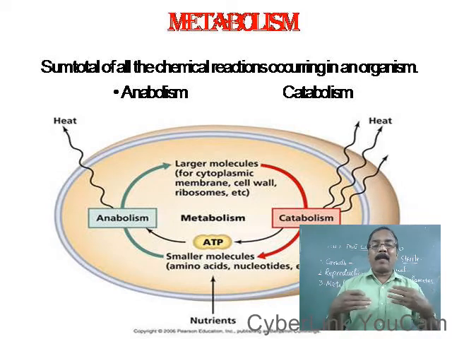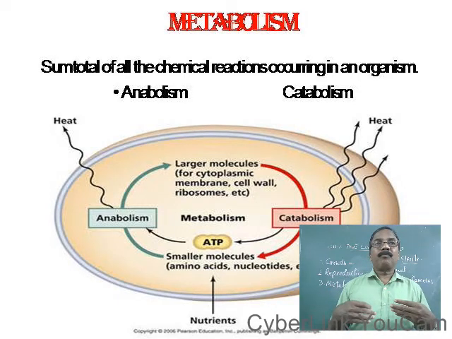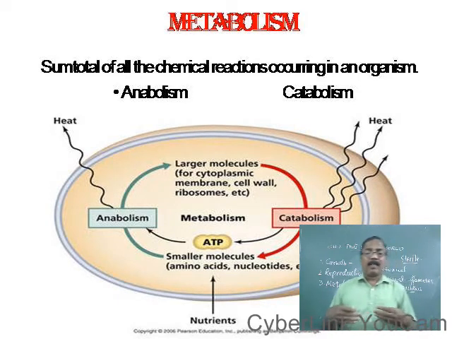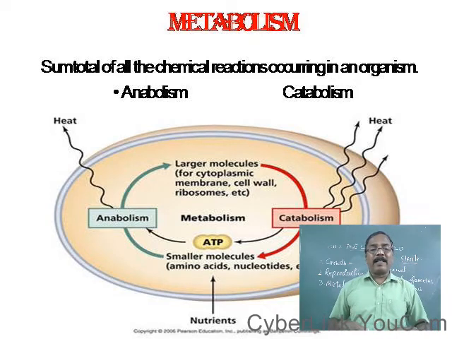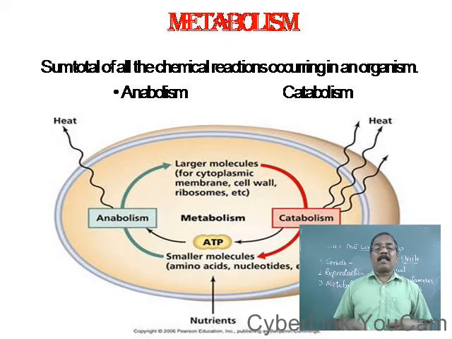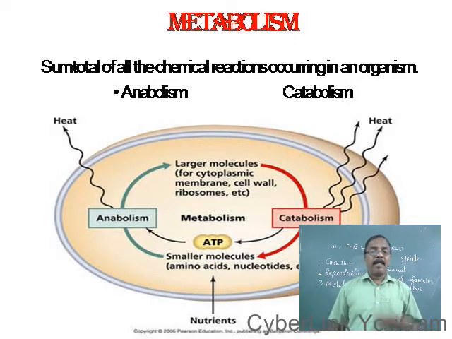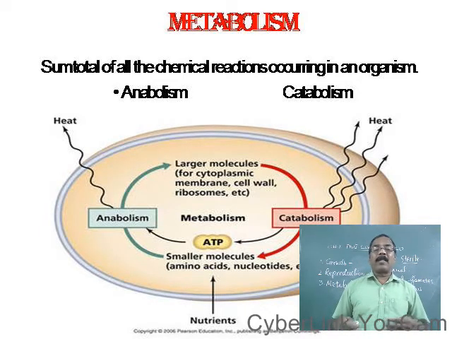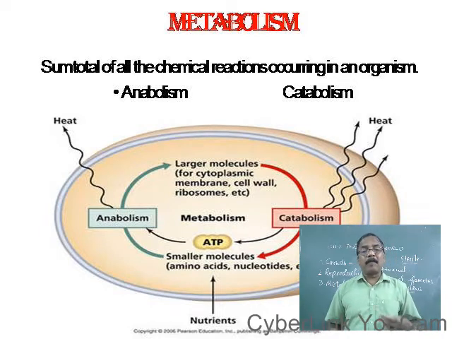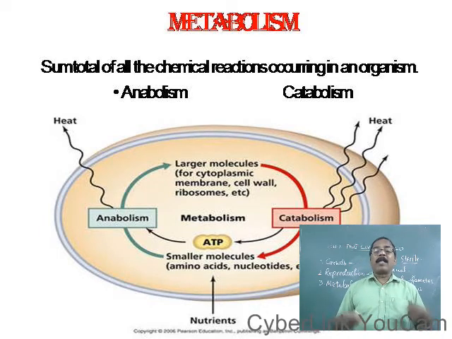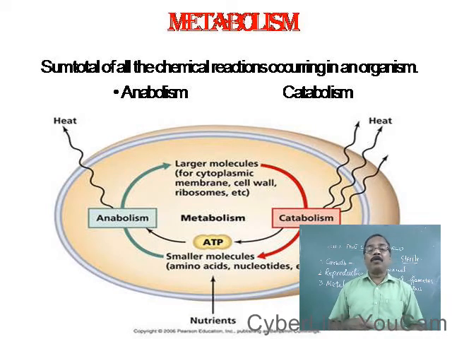Suppose I had my breakfast in the morning. It is there inside my stomach and intestine where the chemical reactions are going on with the help of enzymes. Enzymatic reactions we call. Such reactions are taking place inside my cells also. Some of the molecules are absorbed into the bloodstream and carried to the cells where they are broken down into energy rich molecules.